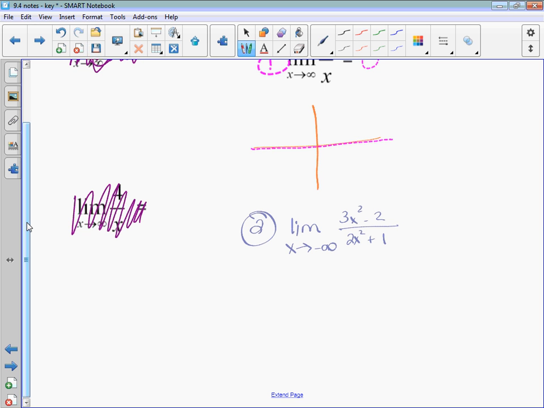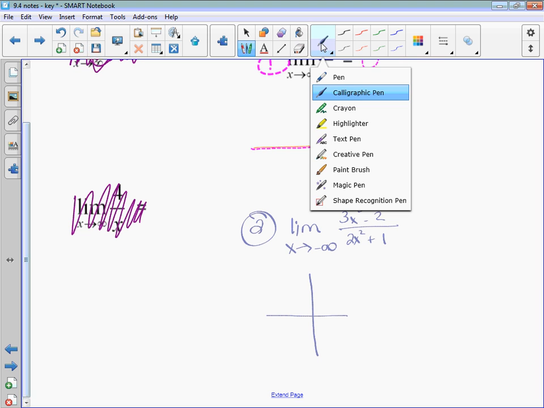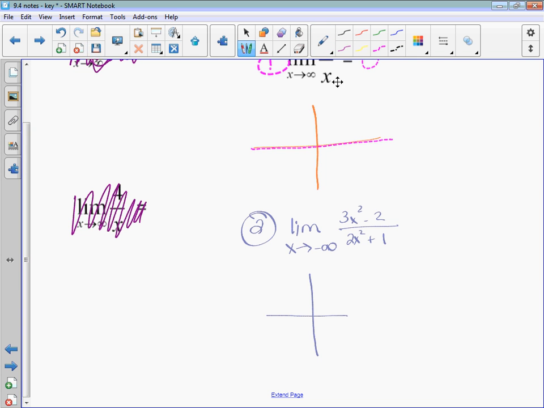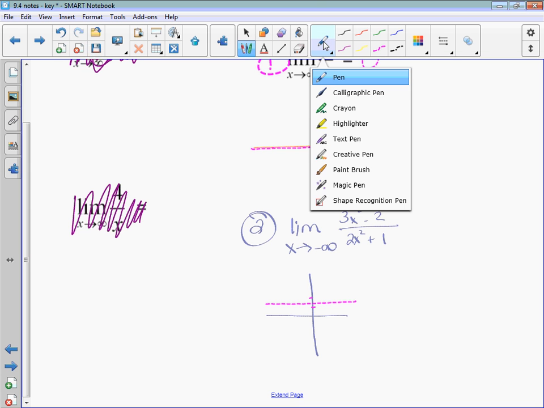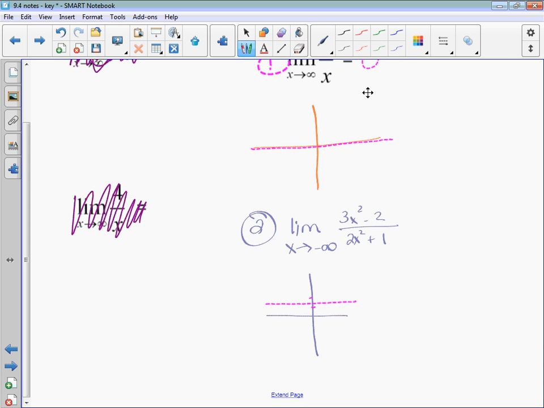Again, you don't have to draw the entire graph, but if you were thinking about the graph, where would the horizontal asymptote be on this one? 3 halves, yeah, somewhere in the middle there, okay? So as my graph went towards negative infinity, way far to the left, where is it going towards? 3 halves.